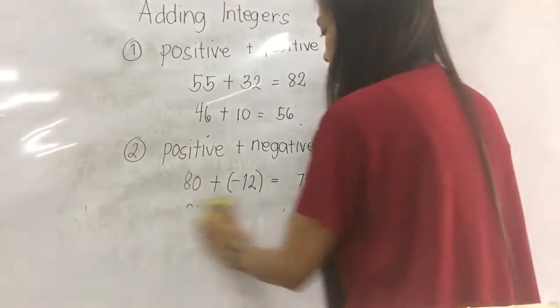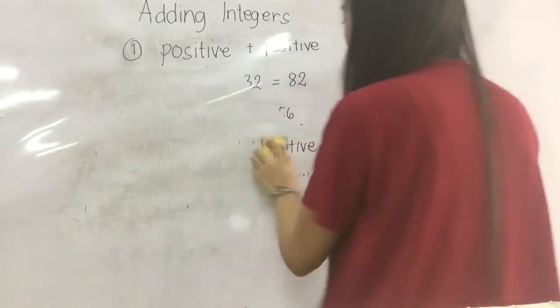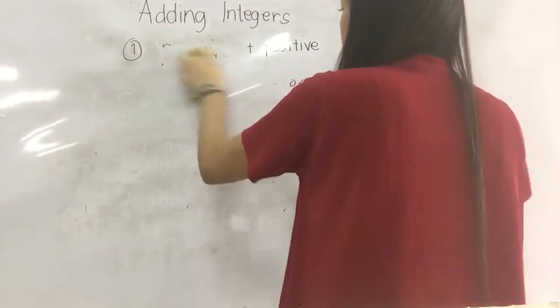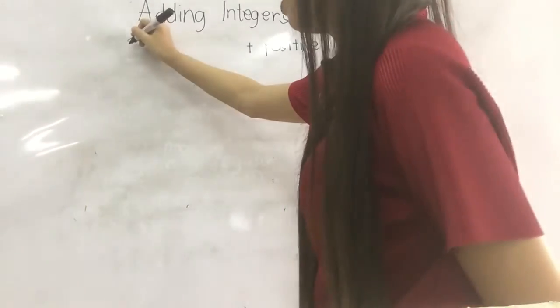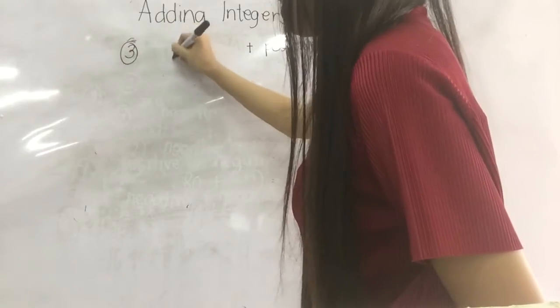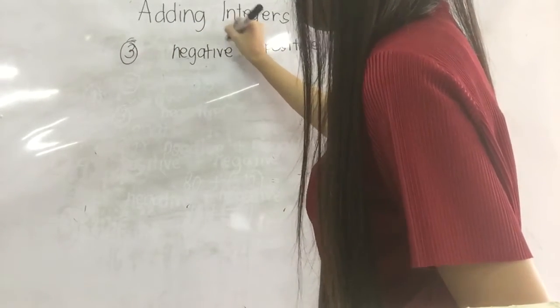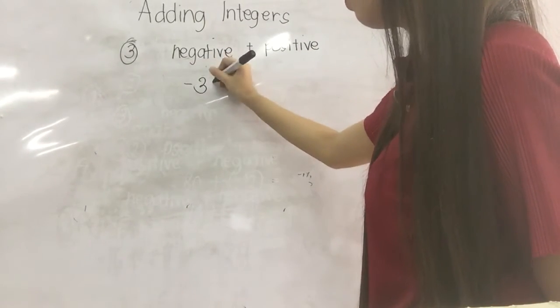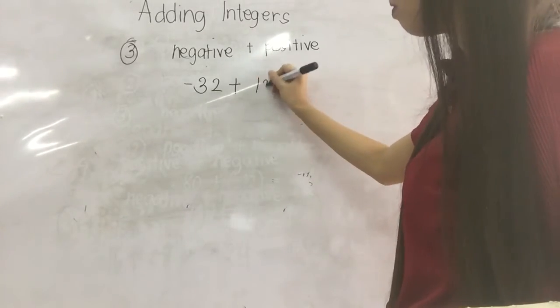Next. How about negative plus positive? So we have the third case, negative plus positive. For example, negative 32 plus positive 12.